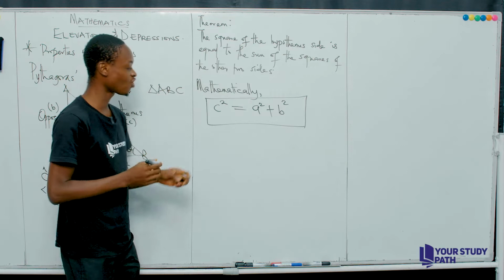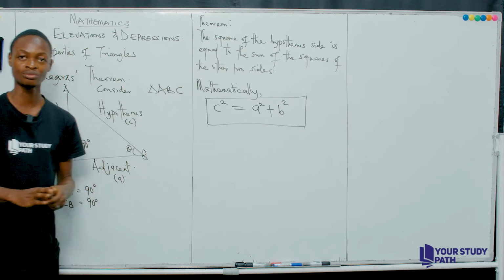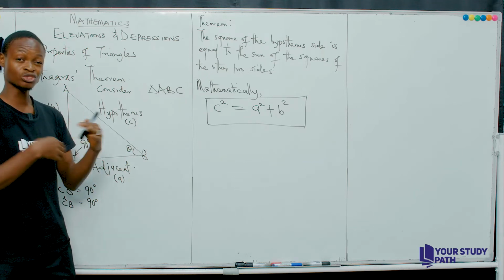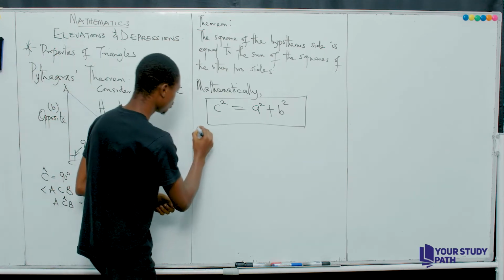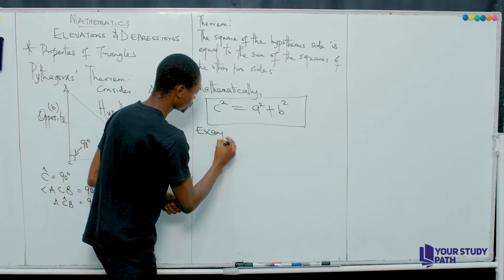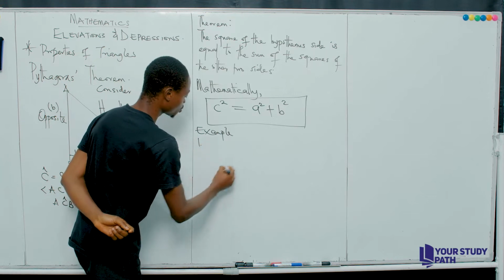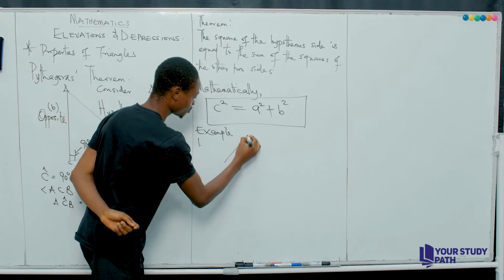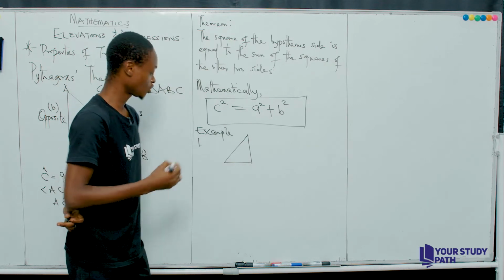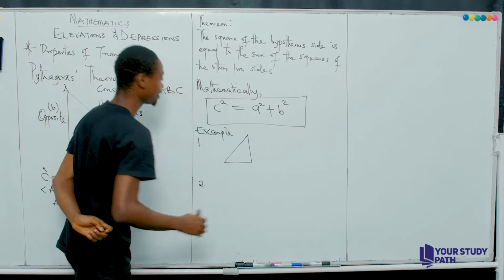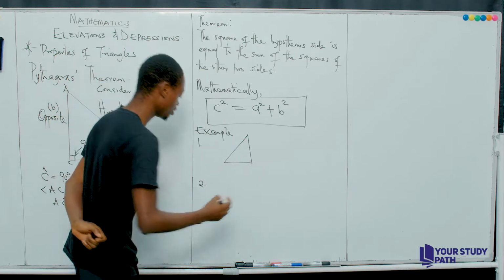Now, we are going to go forward to give examples of how to use this theorem, before we proceed to the next bit of business we have for today. So, example, we are just going to pick simple examples first. I'm going to draw some triangles, and then we are going to find their sides, as the case might be.